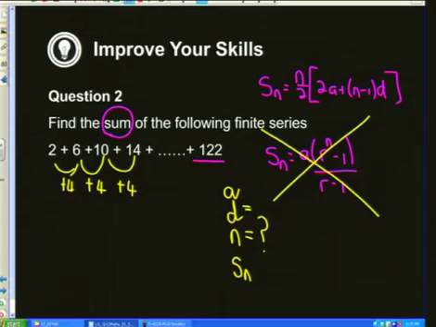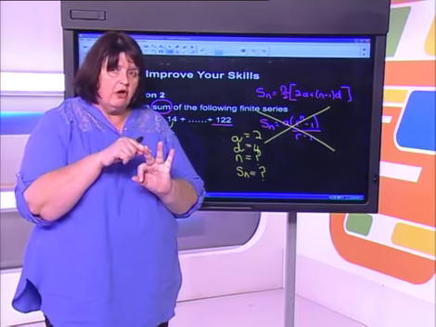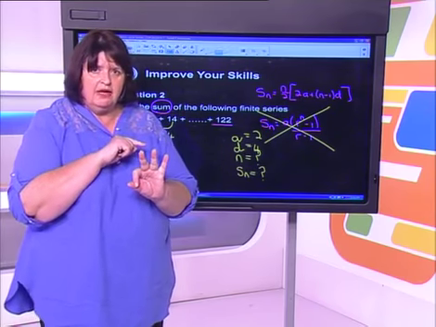Yes, D is 4. We've worked that out. Do we know A? The A is the first term. Yes, it's 2. And we're asked for the sum, so do we know that? No. So we have a problem. Of the 4 things in this formula, we only know 2 of them. So we must have a way to work out the third one in order to use that formula.